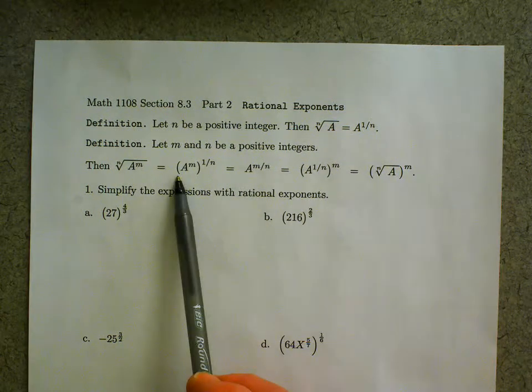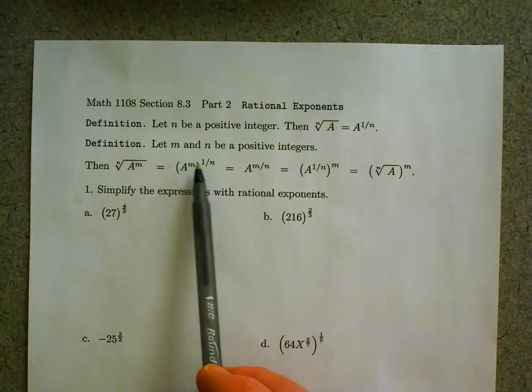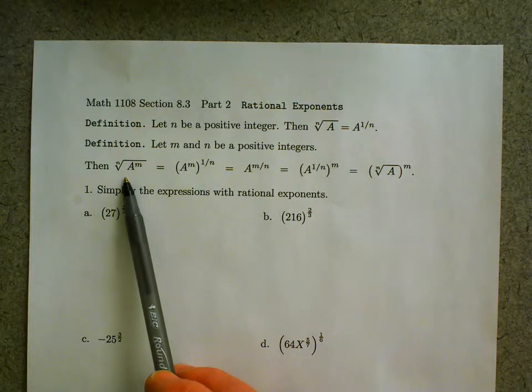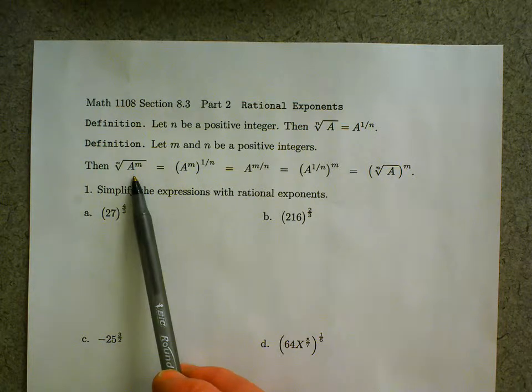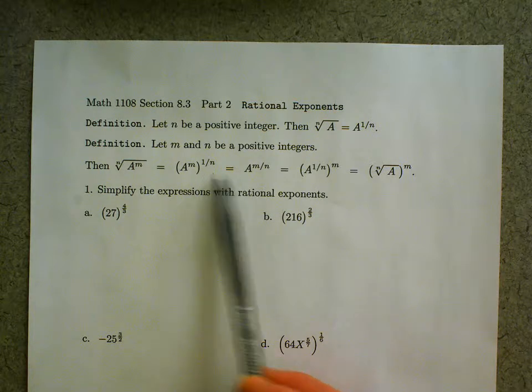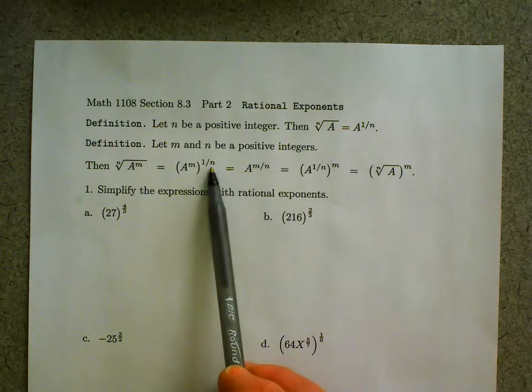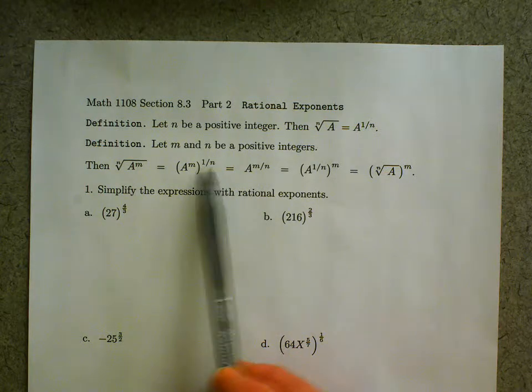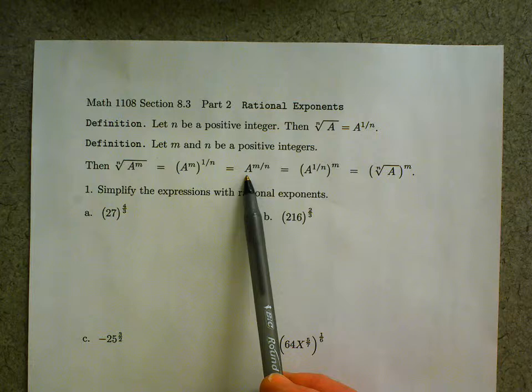More generally, if m and n are positive integers, then the nth root of a to the m is equal to a to the m raised to the 1 over n. Using a property of exponents, you can multiply 1 over n times m and write it as a to the m over n.